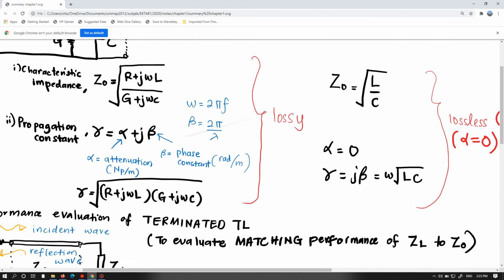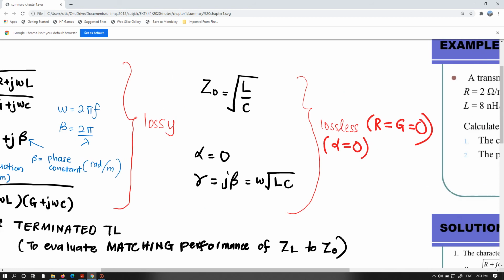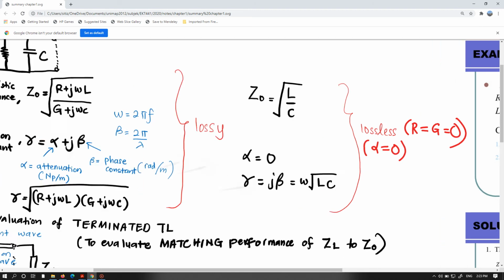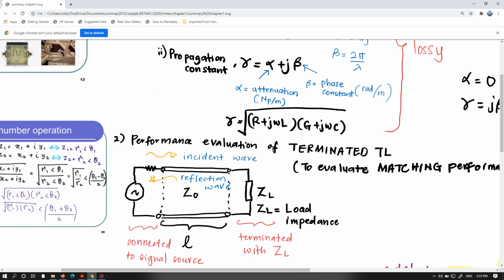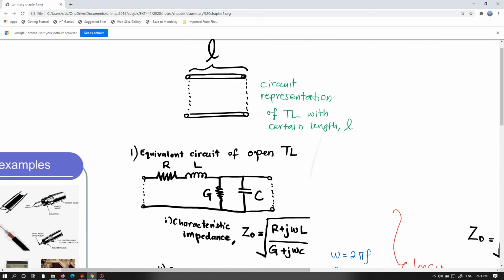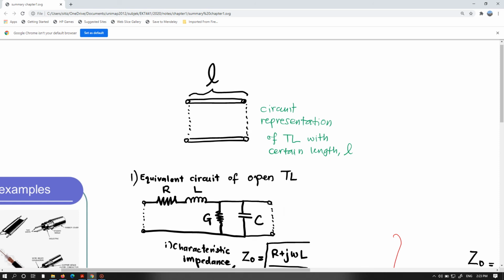Okay, so that is for the lossy condition. For the lossless condition, when R and G are equal to 0, our attenuation is equal to 0. So this is the formula for Z0 and also the propagation constant. This is when you only have a transmission line without any connections.